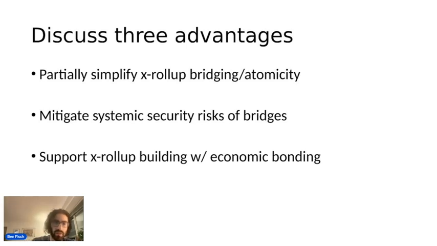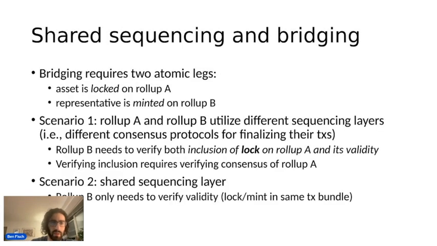So let's talk first about partial simplification. In general, bridges require two atomic legs. You have an asset that is locked on some rollup A, and then a representative would be minted on some rollup B. So let's consider scenario 1, where rollup A and rollup B are utilizing different sequencing layers.